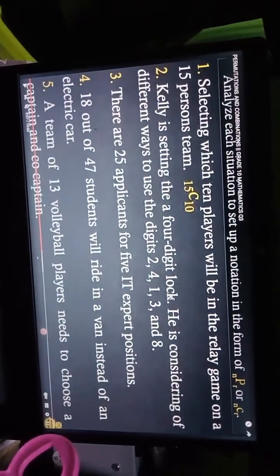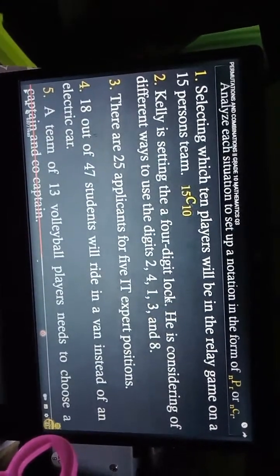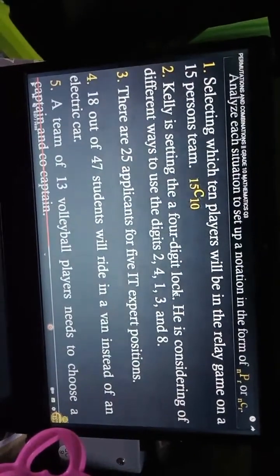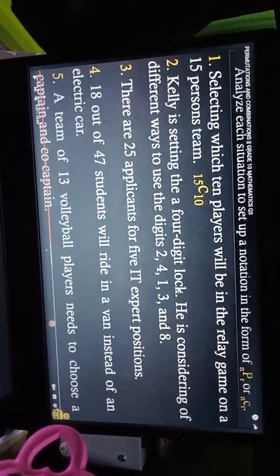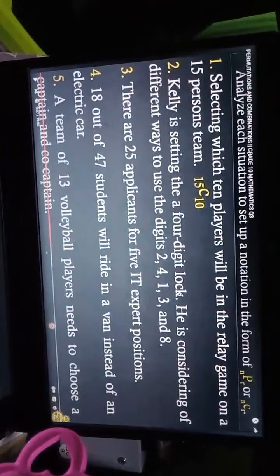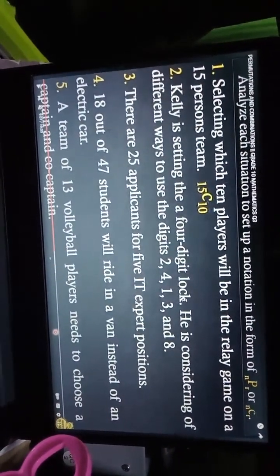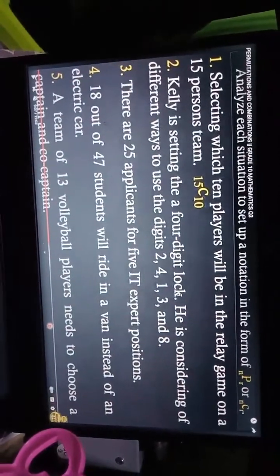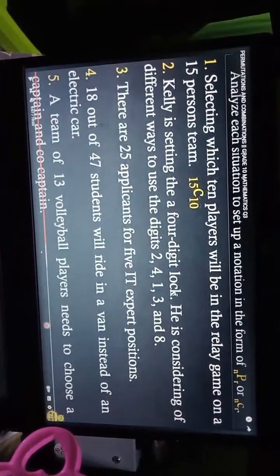Then, if you encounter 0 factorial, in mathematics, 0 factorial has the value of 1, and 1 factorial also has the value of 1.